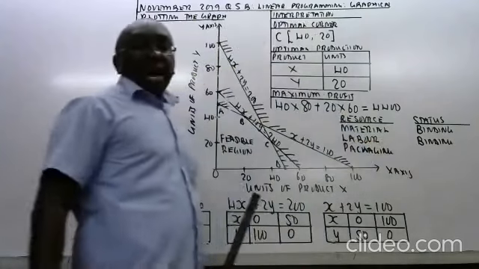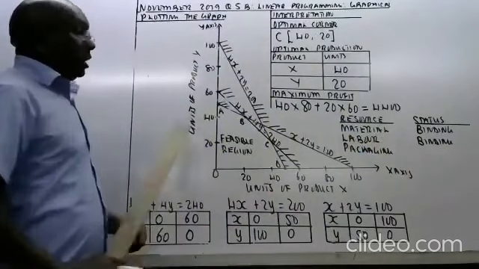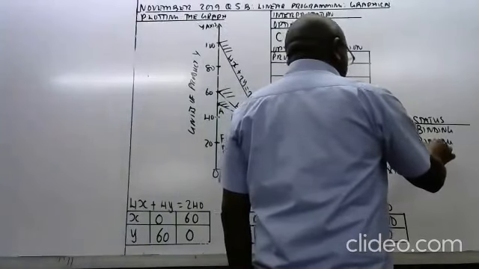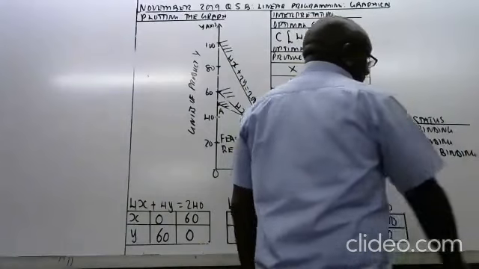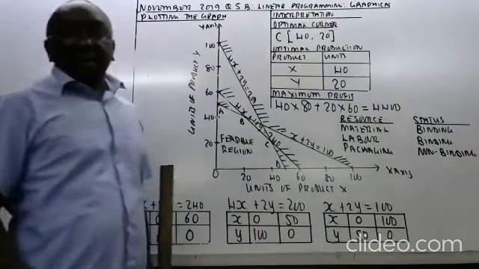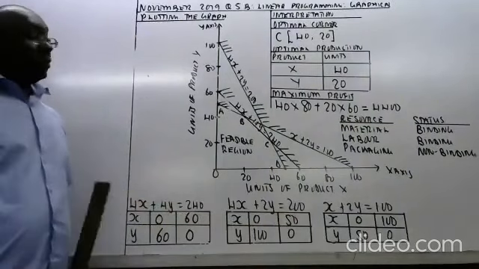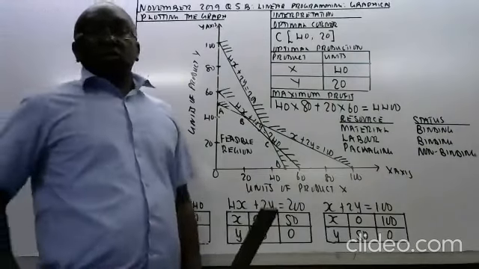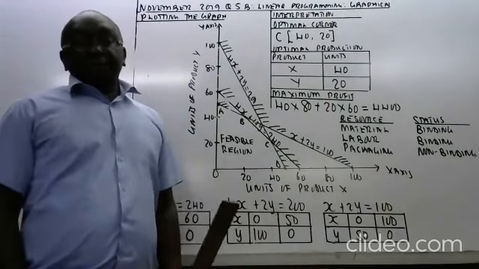Now packaging has not touched the corner. So if it has not touched the corner, it is non-binding. So that is how you interpret or you solve a linear programming problem graphically.